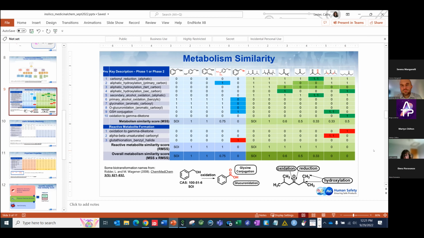We're publishing this work right now. As I said, our metabolism work is the most labor intensive, and we're populating our metabolism database. I'm not sure about our plans for our own predictor, and our plans to share those are yet to be decided, but that is something to consider.